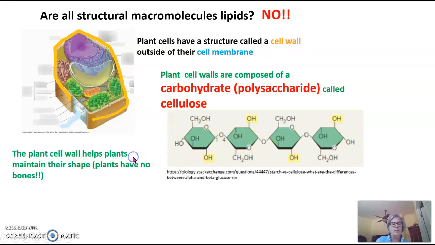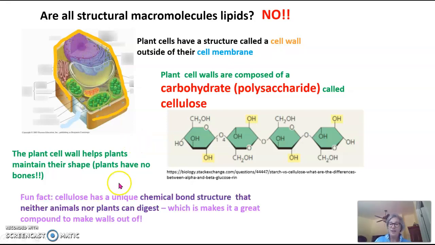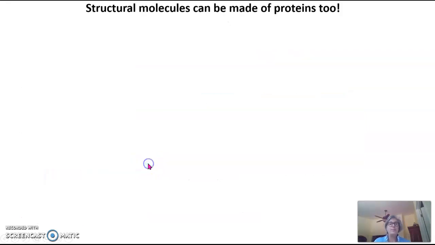Cellulose is pictured here. The plant cell wall helps plants maintain their shape because plants have no bones. Here's a fun fact. Cellulose has a really unique chemical bond structure that neither animals nor plants can digest, which makes it a great compound to make walls out of because you don't want to digest your walls.